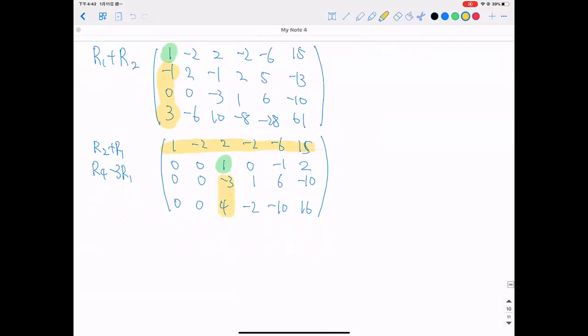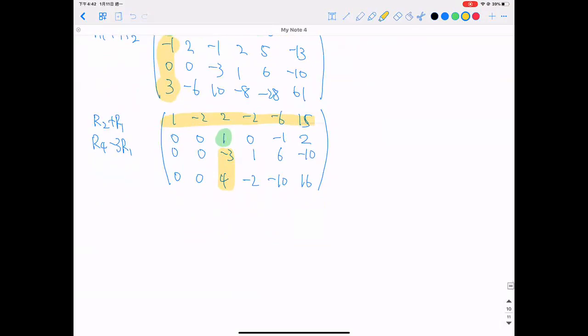Well, let's in fact do the ones above it too, because we're going to need that in order to get to reduced echelon form anyway. So let's say R1 minus 2 R2, R3 plus 3 R2, R4 minus 4 R2.